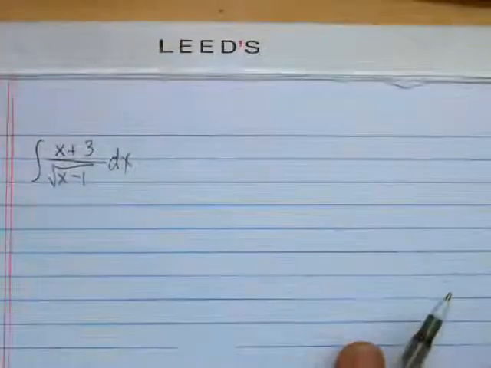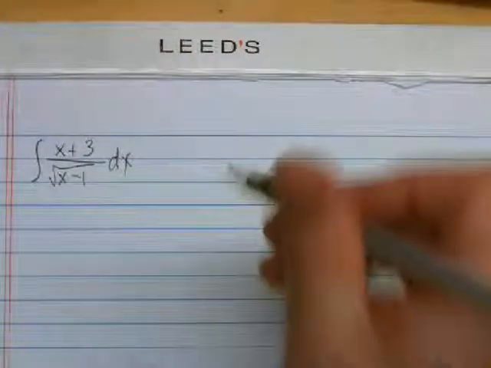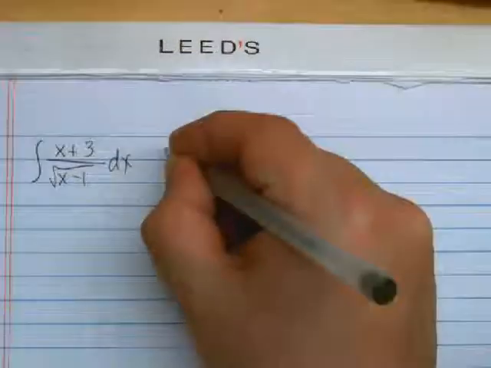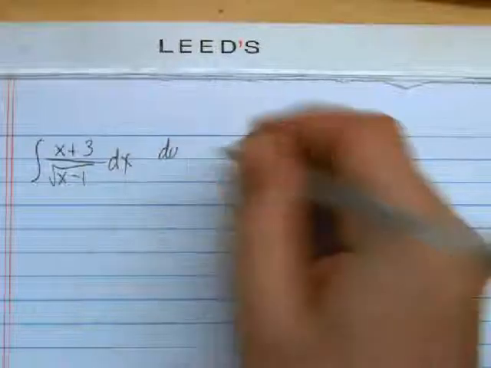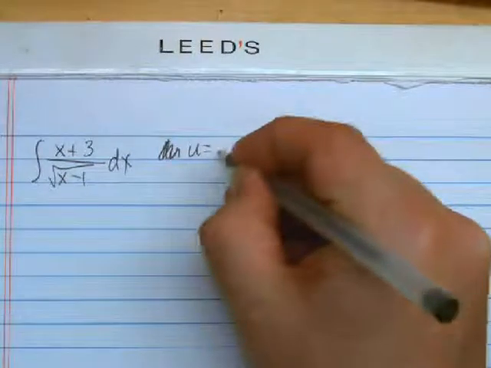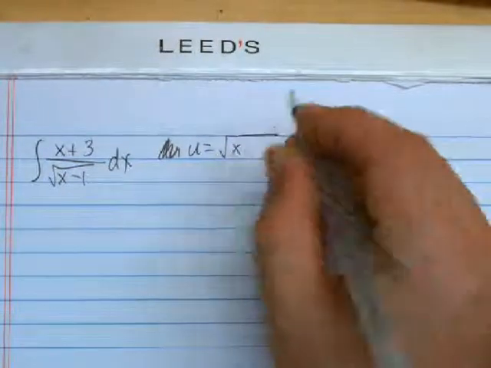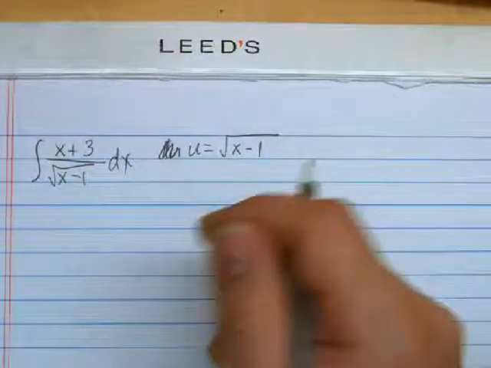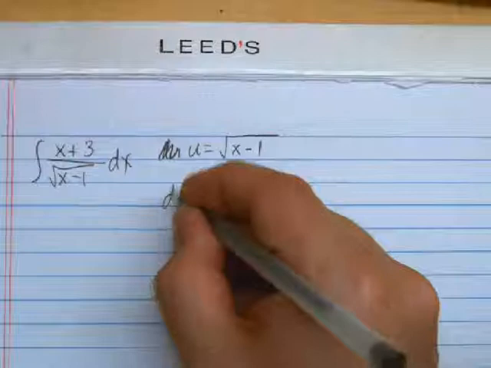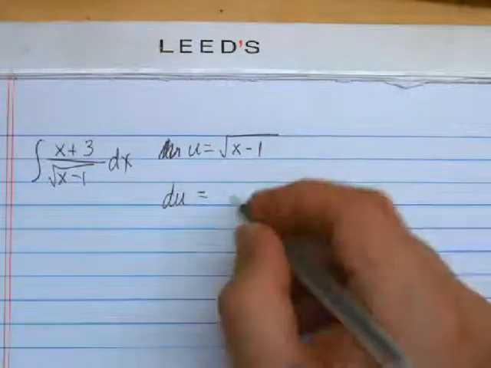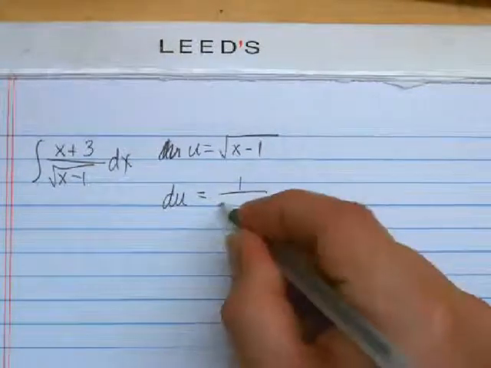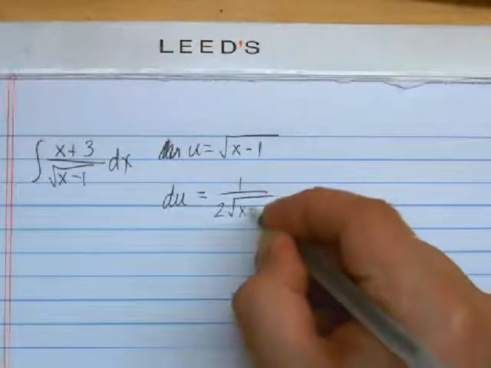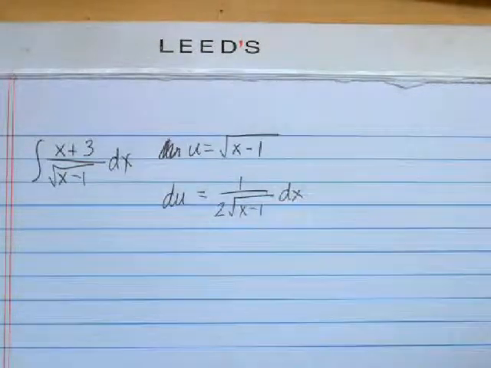Okay, then for the integral, it also looked like you were on the right step. We know that if we pick our u as radical x minus 1, our du is going to be 1 over 2 radical x minus 1 dx.